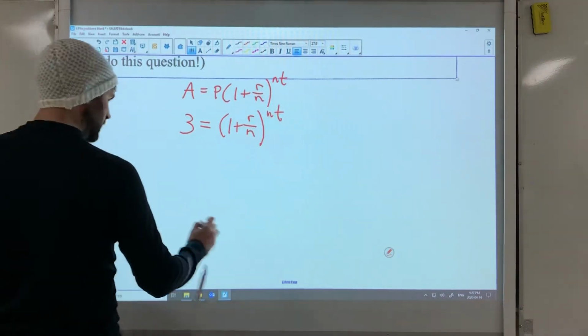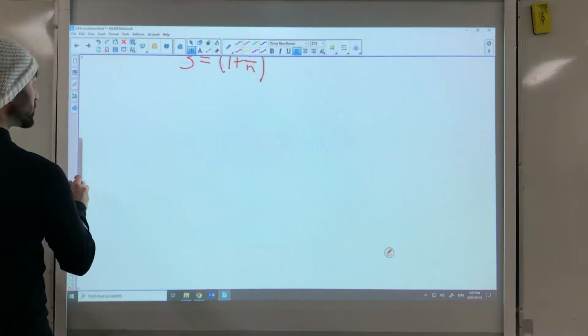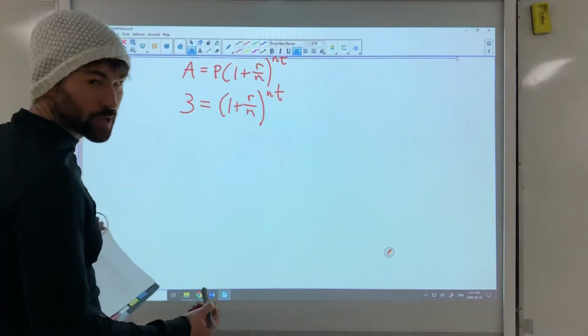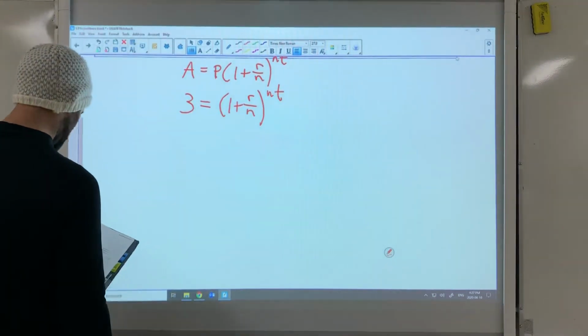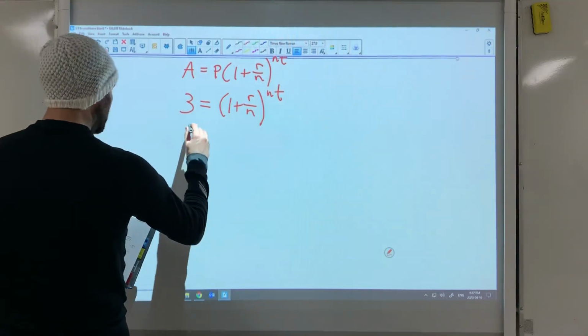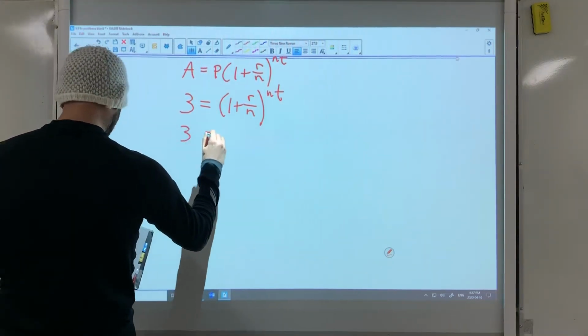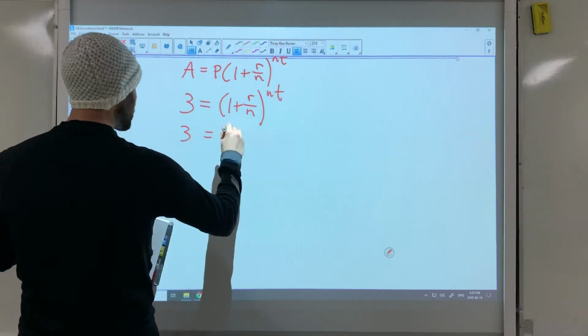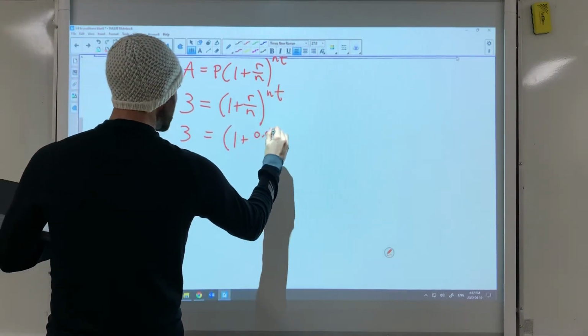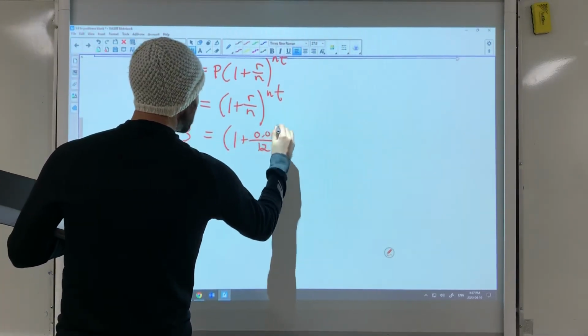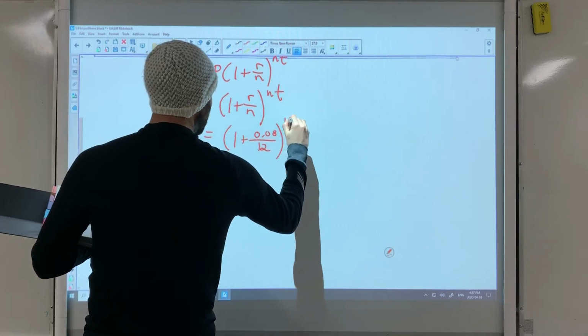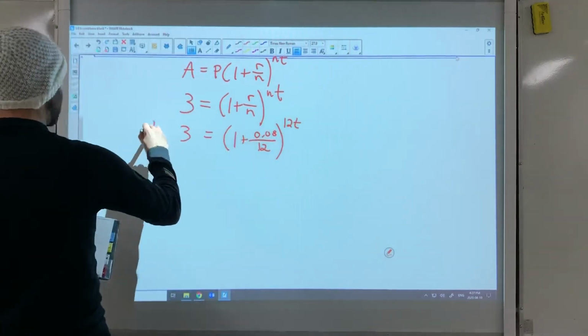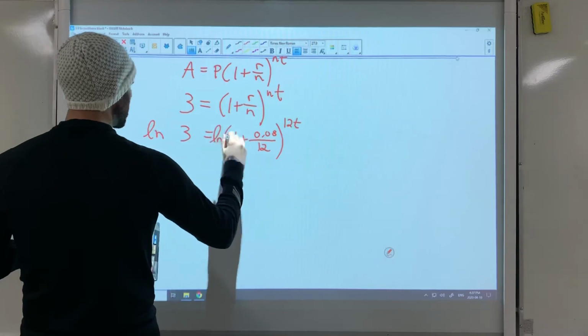So I'm going to just quickly pop in the numbers. You should pause the video at this point and try it out on your own, because at this point it's the same as the other question. So here we go. What do we got? We got 1 plus 0.08 over 12, raised to 12t. You're going to apply ln to both sides, so you can use your power law.